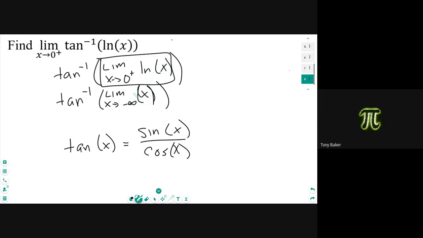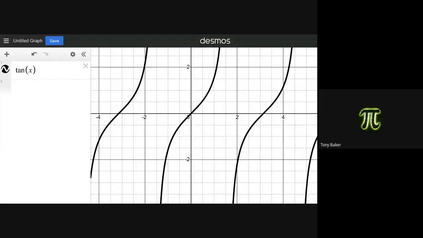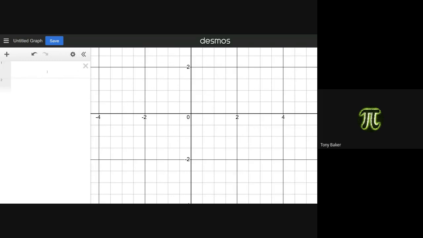And I forgot the little plus there, still from the right. Looking at this function, I'll put the arctangent.